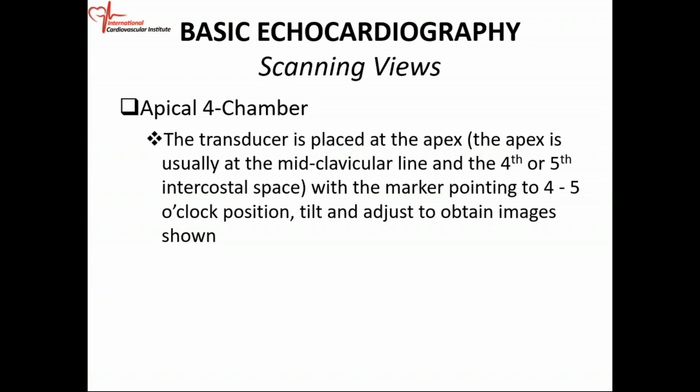In order to get to the four chamber view, you're going to take your transducer, and whenever you're doing imaging, you always have to put a little bit of gel on the transducer lens, and that allows the ultrasound to travel freely from the transducer into the tissue.